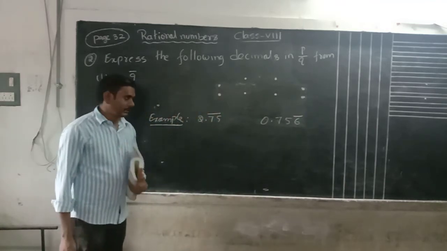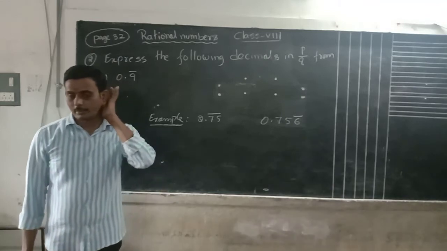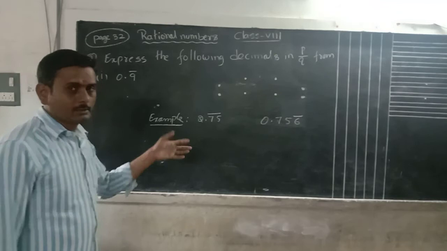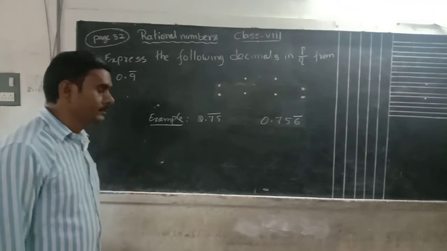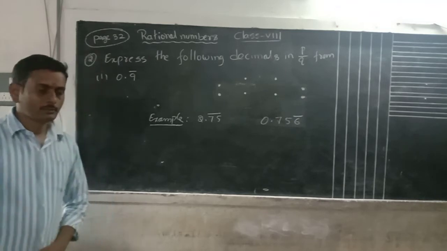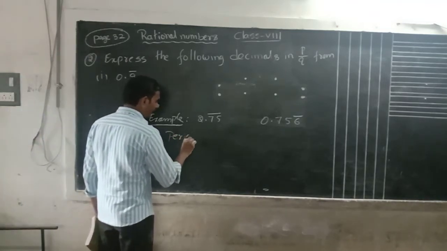Likely two numbers I took here. Whenever a non-terminating decimal is given to you, according to the repeating decimal we can say two important points. What are those? Period, periodicity.